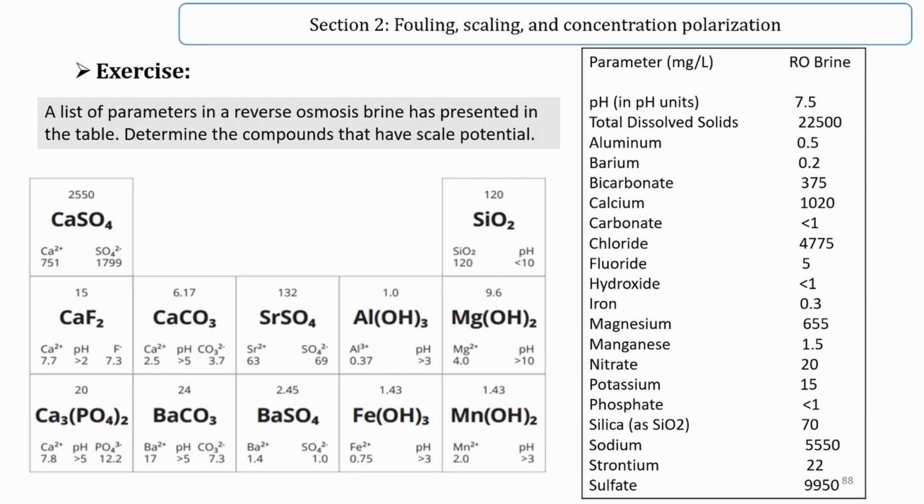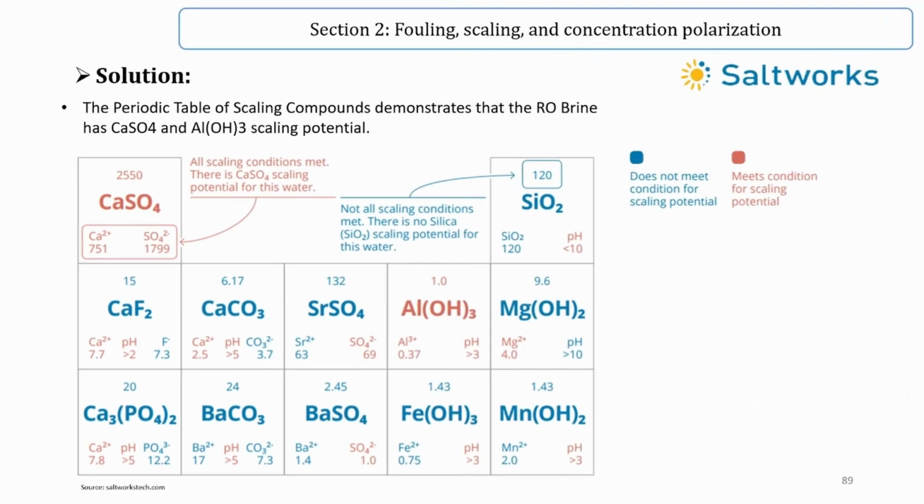In this case, parameters such as calcium, sulfate, aluminum, and pH are out of the limits. If you look at the chart, these parameters are specified in red color, and the periodic table of scaling compounds demonstrates that the reverse osmosis brine has calcium sulfate and aluminum hydroxide scaling potential.